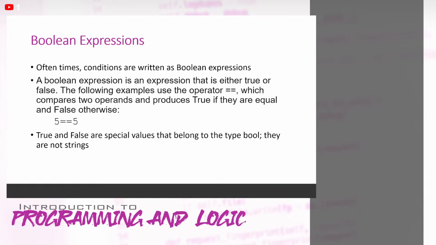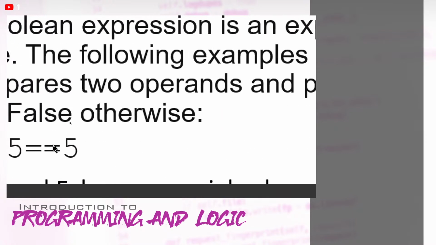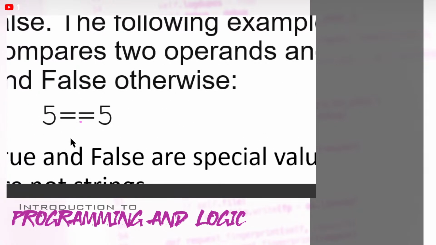So we see an example like we have here: 5 == 5. Obviously, if we were looking at 5 == 5, we have these two equal symbols here, and that's checking our comparison. And it is true that 5 is equal to 5. So my computer is going to evaluate that statement to be true.